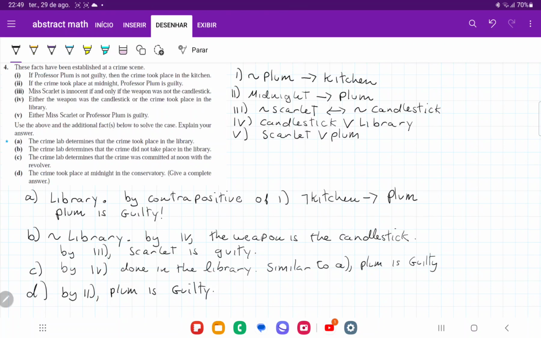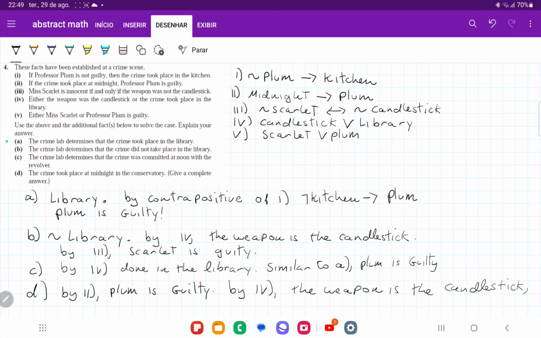And then we have that it took place in the conservatory. So if it took place in the conservatory, it means that the library is false, right? So if the library is false, it means that it was done with a candlestick. So by the fourth item, the weapon is the candlestick.